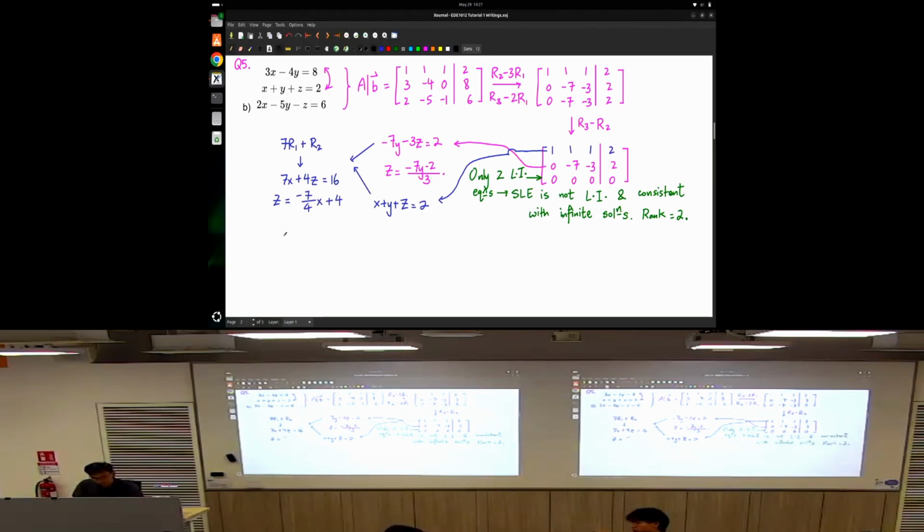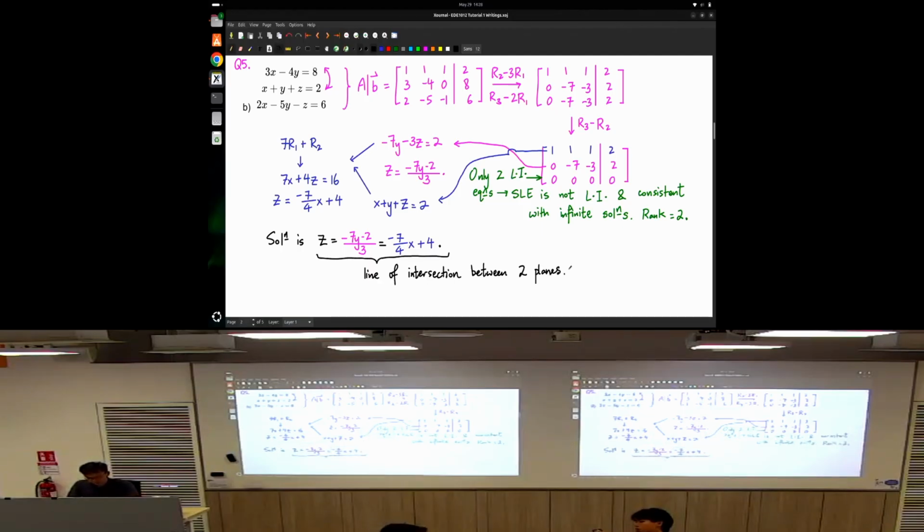So the infinite solution is z equals to this equals to this. Is that right? Two planes will intersect at a line. So therefore, the solution is actually a line of intersection.